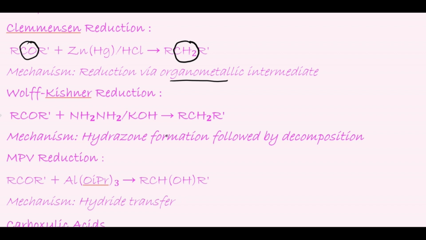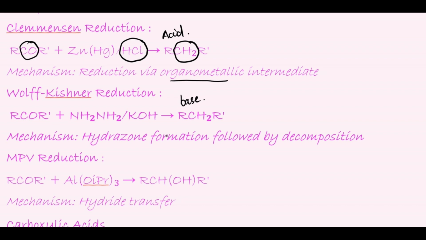And Wolff-Kishner. Wolff-Kishner and Clemmensen, you can see the difference, that is HCl, it is acid catalyzed reaction, Clemmensen, and the base catalyzed reaction is Wolff-Kishner reaction. But the product and the reactants are same. I mean, they are taking carbonyl group only.